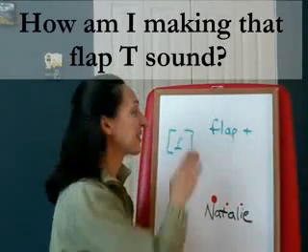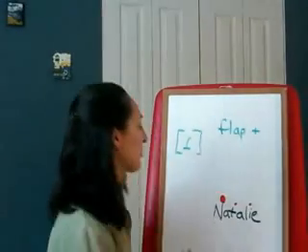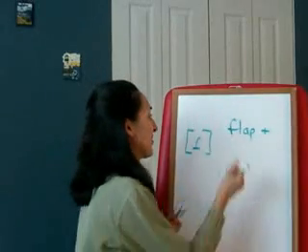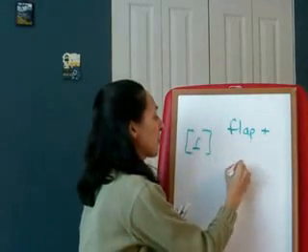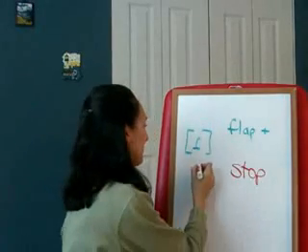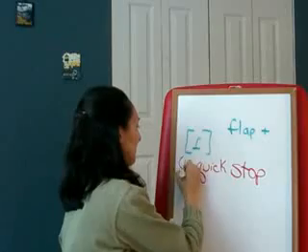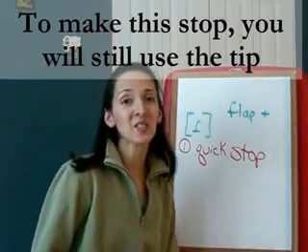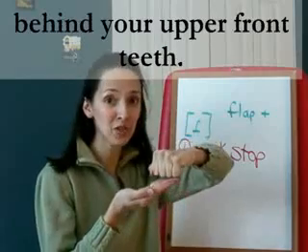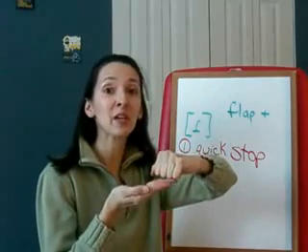Now, how am I making that flap T sound in a name like Natalie? Well, the flap T is still a T, so we're dealing with a stop. But it's a very quick stop. To make this stop, you will still use the tip of your tongue against that hard bump behind your upper front teeth. But that contact is very quick.